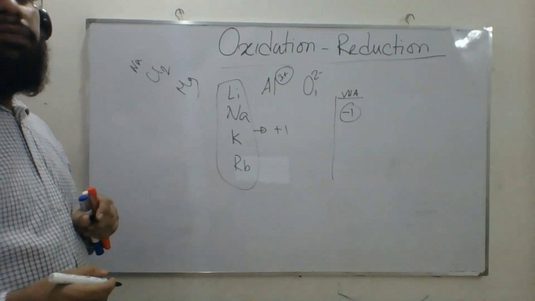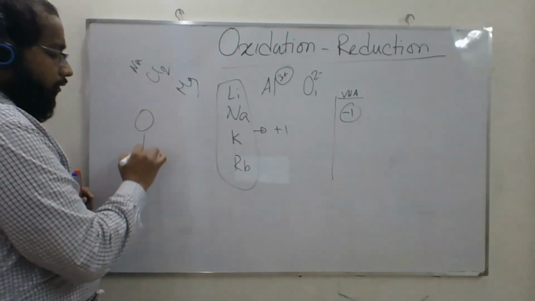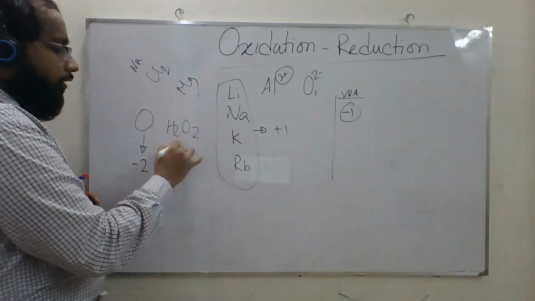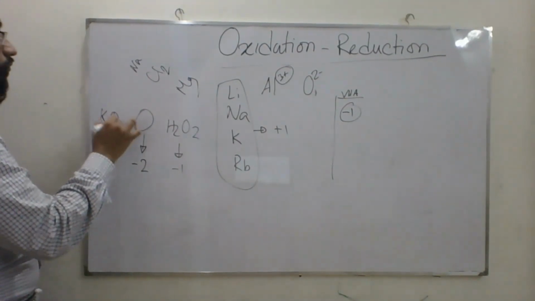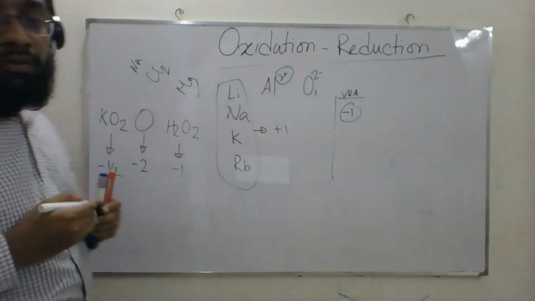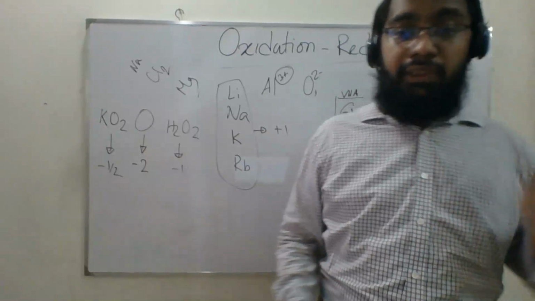For oxygen, the oxidation number is usually -2. In case of peroxide, it is -1. In case of suboxide, it is -half. Now in case of superoxide, it is -half.